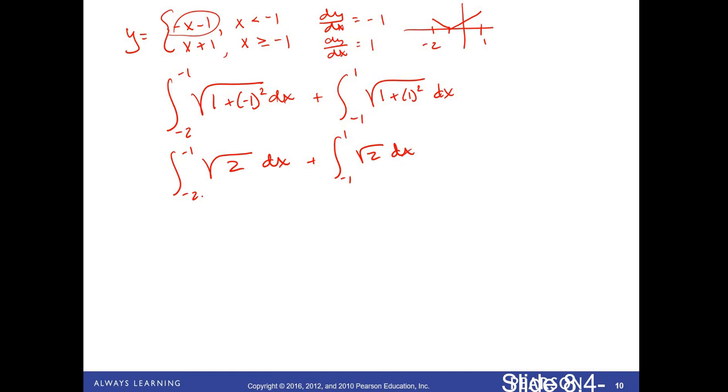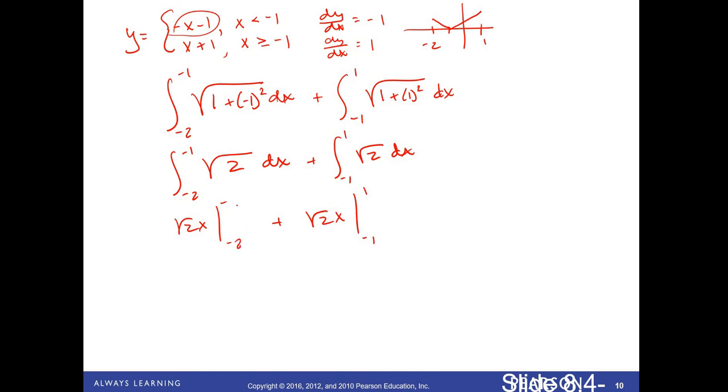Let's do these separately. The antiderivative here is root 2 x from negative 2 to negative 1, plus root 2 x from negative 1 to 1. I knew that didn't look right.